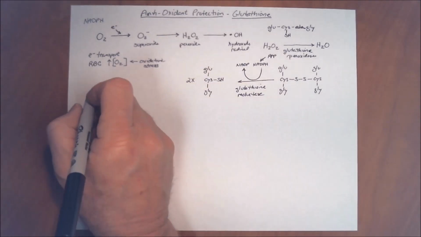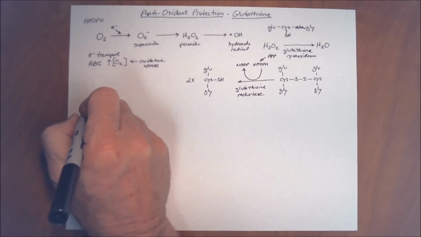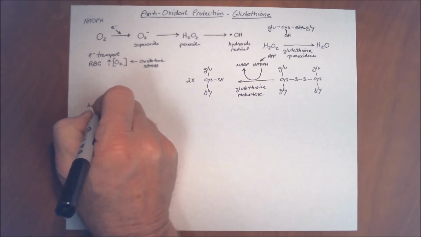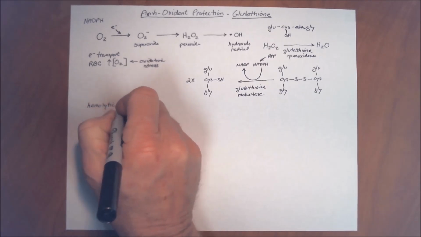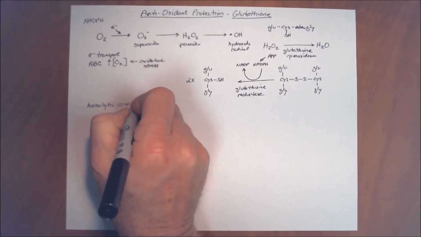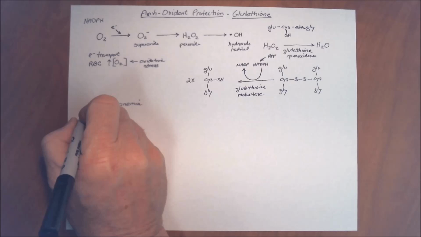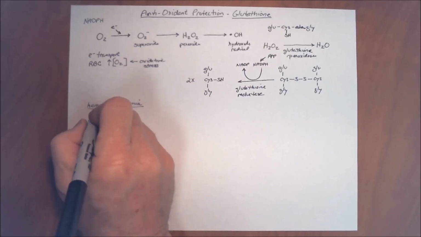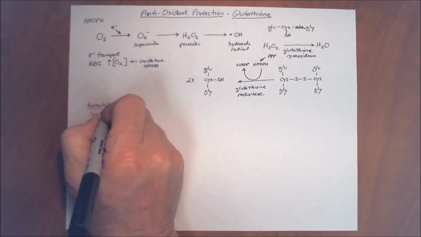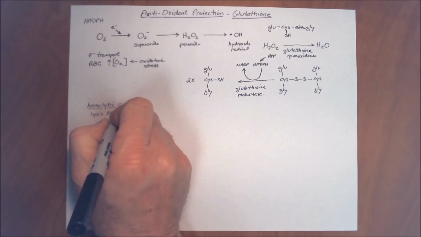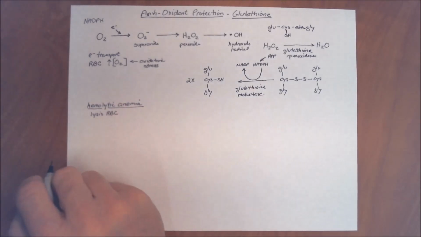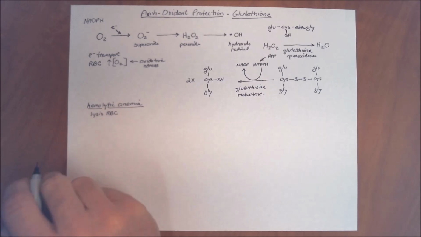Now this leads us to a discussion on hemolytic anemia. Hemolytic anemia means lysis of red blood cells leading to anemia. So how do these red blood cells lyse?